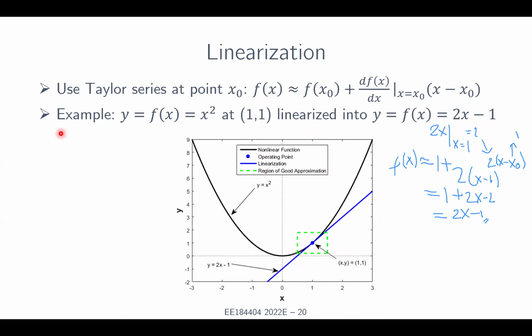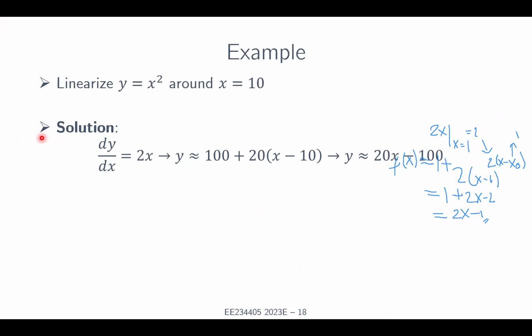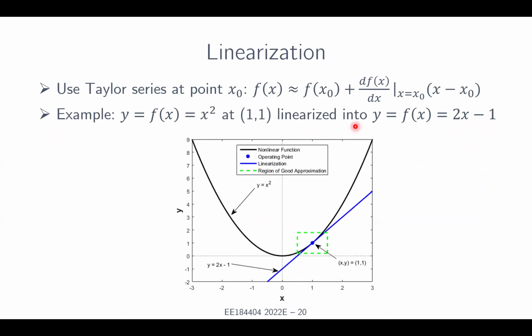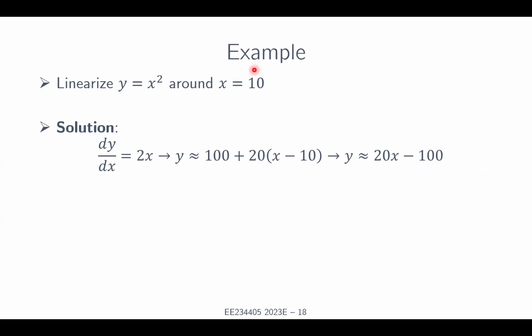Another example is we linearize the same quadratic curve here at x equals 10. So dy over dx is still the same, 2x, and if we plug in 2 times 10, it would be 20, right?